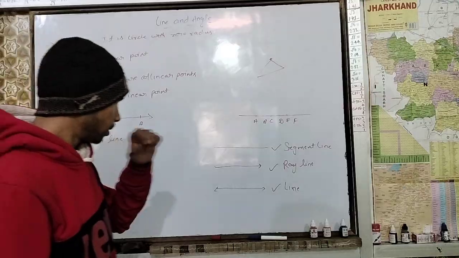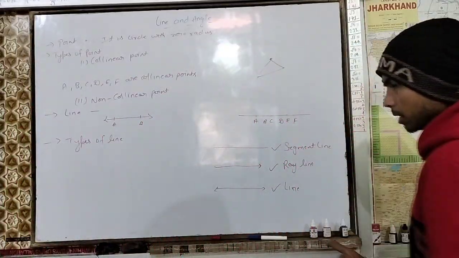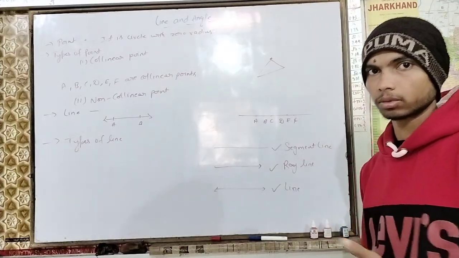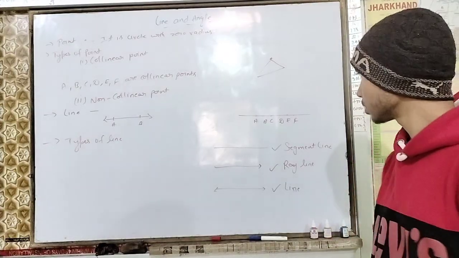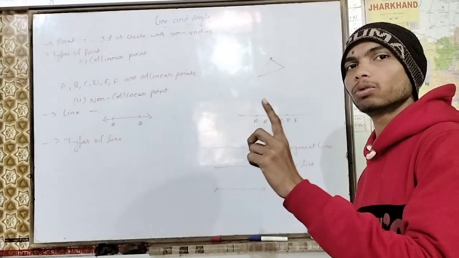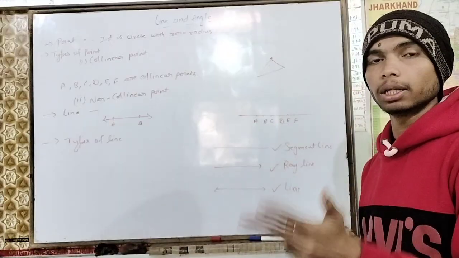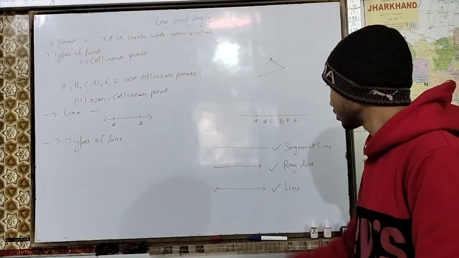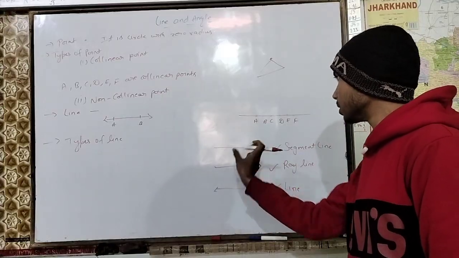So segment line is a line where there is no arrow. We will not observe an arrow. I'm not saying we have to ignore arrow. No, there should not be an arrow with that line, and that line is this over here.